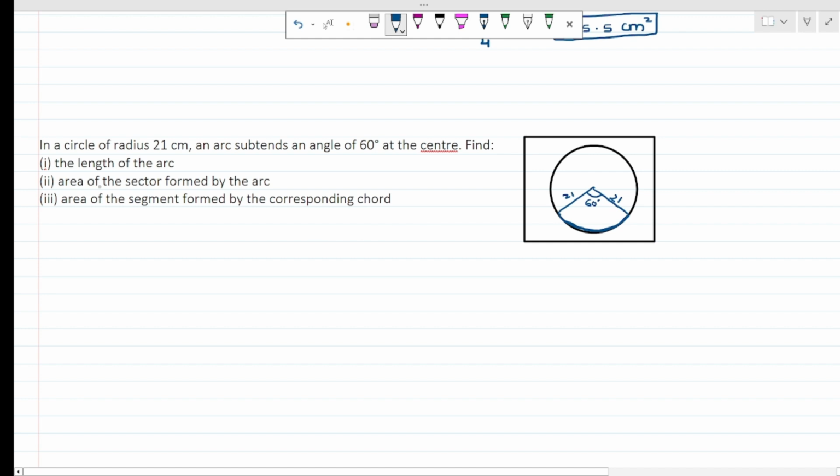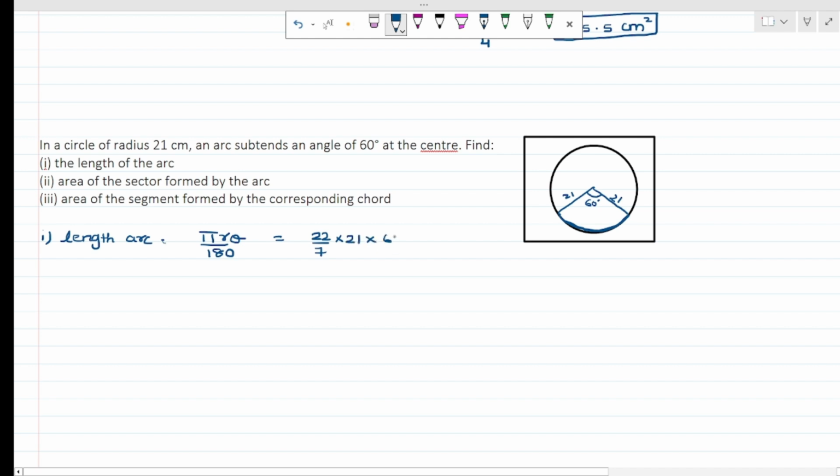Okay. So, how can we find out? So, first, as we learned, length of arc. That means what was the formula? Length of arc is equal to pi r theta upon 180. Is anything given over here to use for pi? No. That means you will use pi is equal to 22 upon 7. What is your r? Your r is 21. What is your theta?